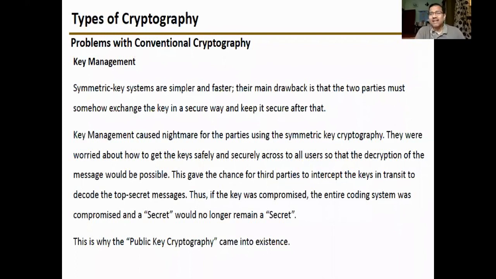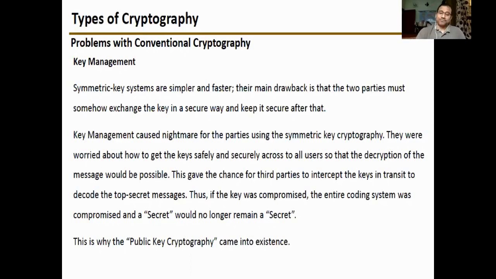And that can be very difficult, or you have to be very careful in doing that, because your key sharing channel should also be very confidential. So you have to send the key in a very confidential way, and that becomes very difficult in many of the practical use cases.